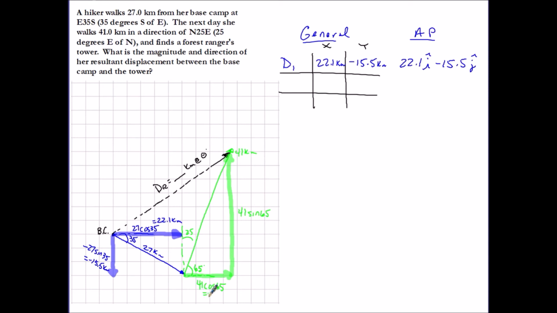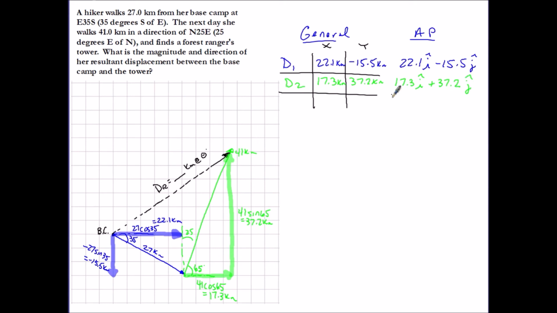Let's go ahead and compute those. Getting this to be 17.3 kilometers and 37.2 kilometers. Up here, I could write d sub 2 as having those two components, 17.3 in the x direction and 37.2 in the y direction. And in my AP class, I might write that as 17.3 i hat plus 37.2 j hat.